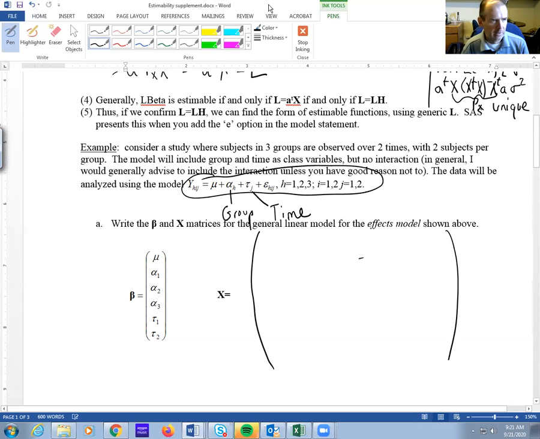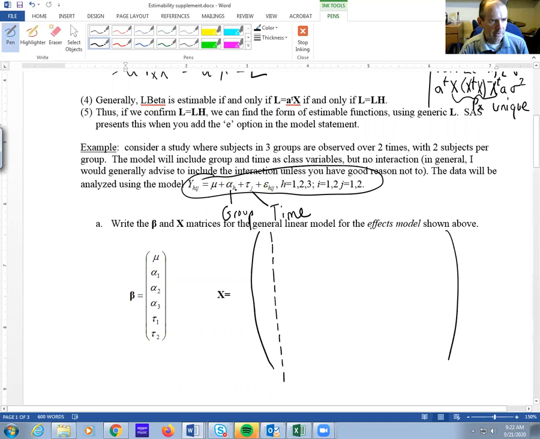So what do we have there? Just all ones. Yeah, so the first column is 1s, and there's 12 of them, okay?